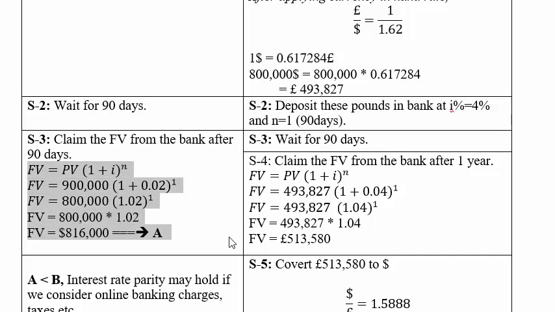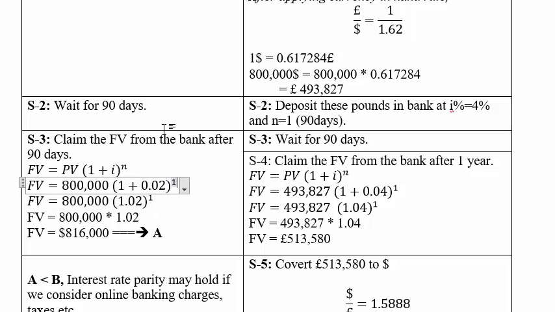Now obviously we will receive our present value along with the profit that we have earned. So how much profit will we earn, and in total how much money are we rightfully expecting to receive? For that we will use the simple future value formula, and our present value that we deposited is $800,000, while the interest rate is 2% and the number of periods is 1.